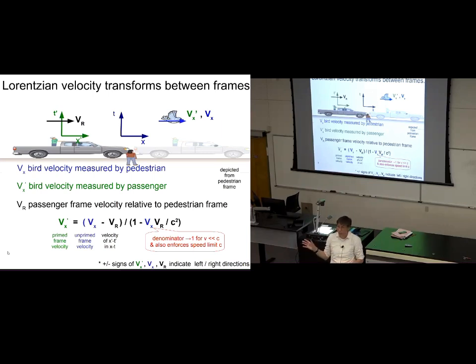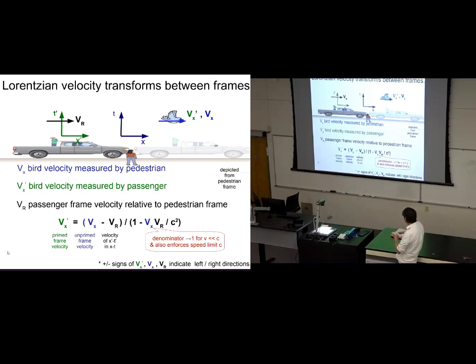The denominator is just 1. You get the common sense transformation. It's only when the velocities are not small compared to the speed of light that that number becomes significant, and you distort the transformation from the common sense transformation into a relativistic transformation.